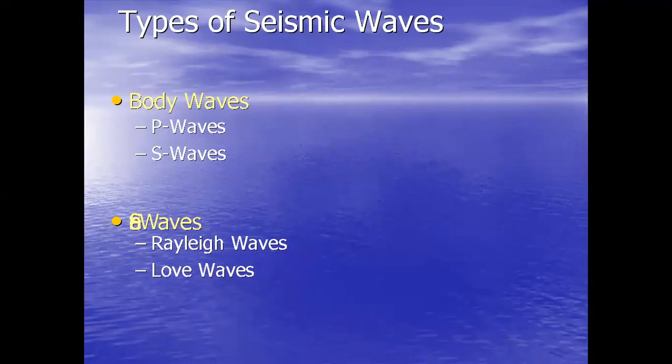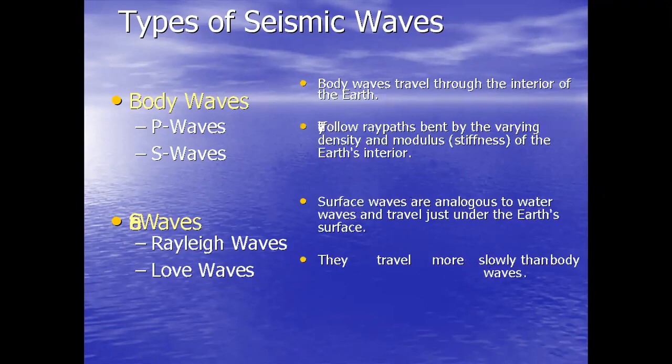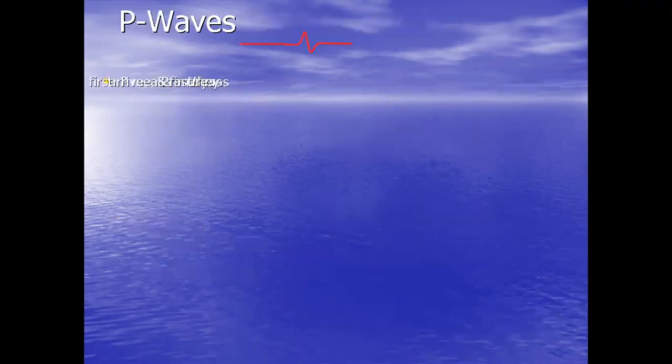We can use S waves in the latest seismic methods, but the Rayleigh waves and Love waves are completely noise. We don't need these types of waves. We only consider the body waves in order to make our seismic section. So these two main waves are there. So what are the P waves?